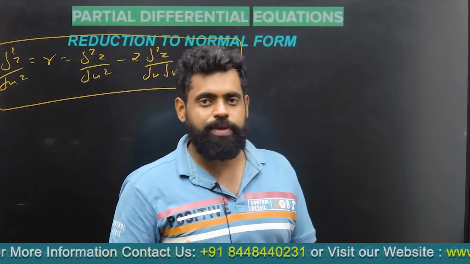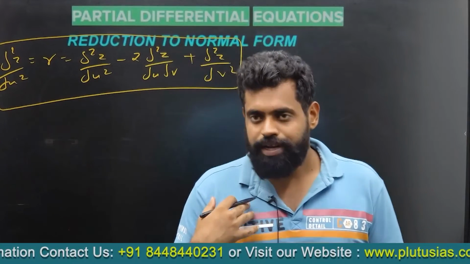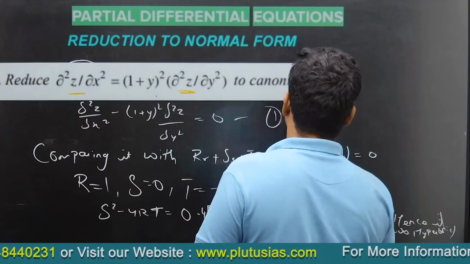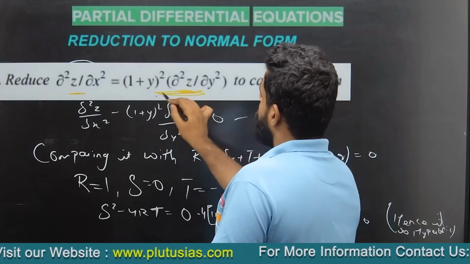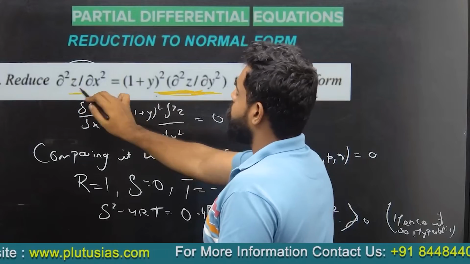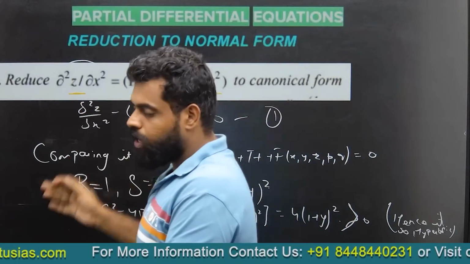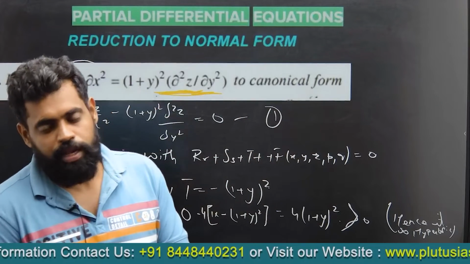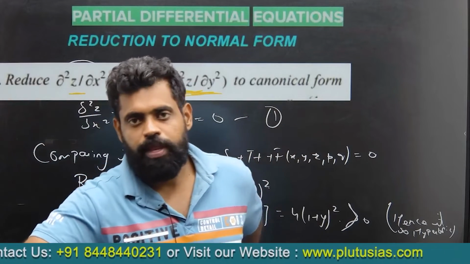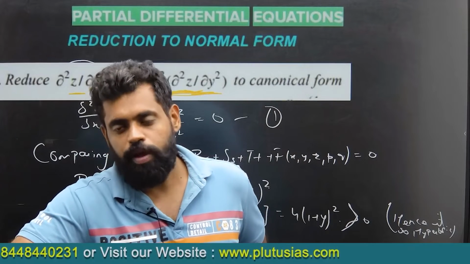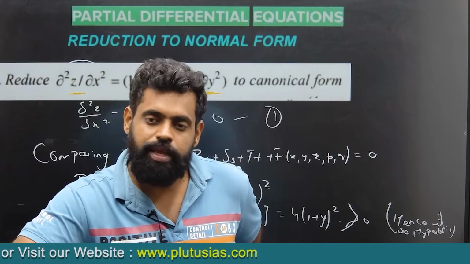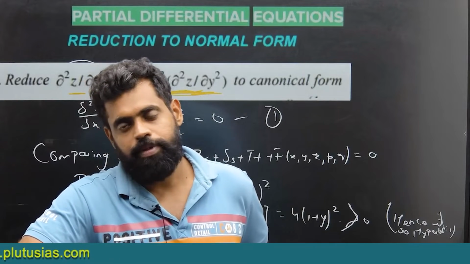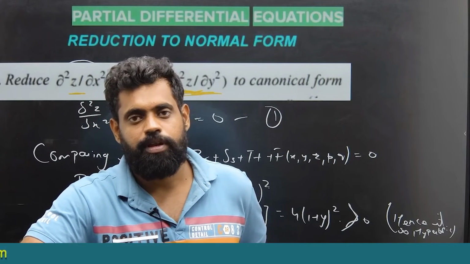Similarly, we have to find the value of t, since in the equation we have r and t both. So we have found the value of this, and we found the value of this similarly, and then we put these values in the equation, we get the equation in the canonical form. That's it, done, and you have the 20 marks with you. And every year a question comes from this topic for 20 marks in the UPSC Civil Services examination.